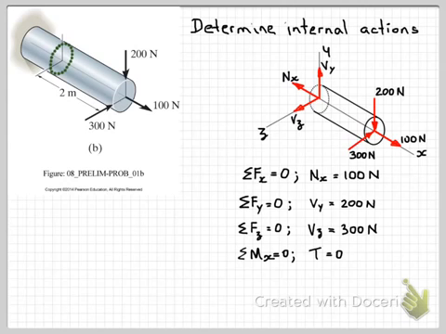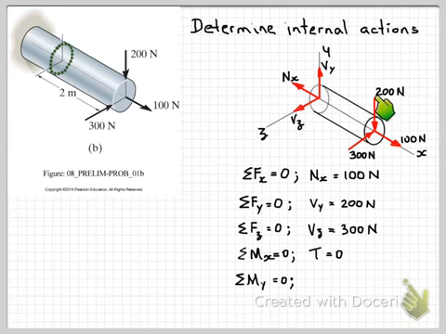Okay, so next let's look at the moments about the y-axis. So we have our y-axis here. What loads out here are causing a moment about that y-axis? So if we look at the force in the x direction, well, that passes through the y-axis, so that's not going to have a moment effect.